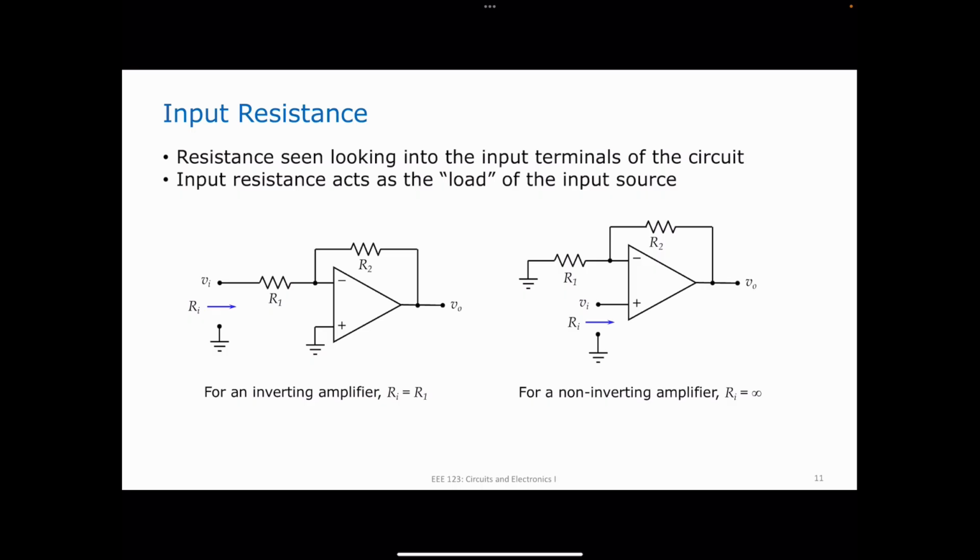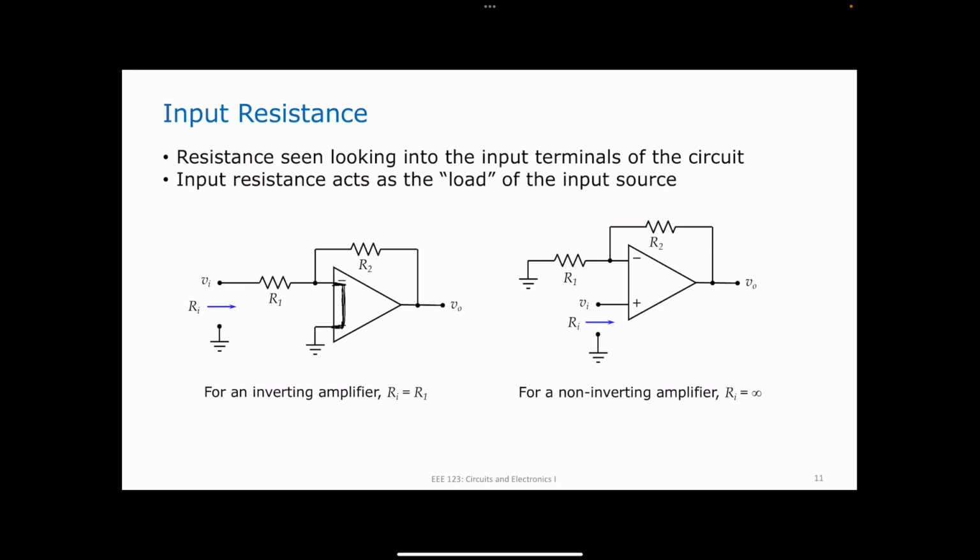We said that there is a virtual ground, or virtual short rather, between your inverting input and your non-inverting input. In other words, the resistance that is seen at the input will simply be equal to R1. If you look at the equivalent resistance looking into these two terminals, what you see is the resistance R1. So for an inverting amplifier, Ri is equal to R1.